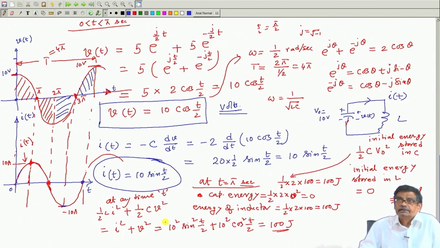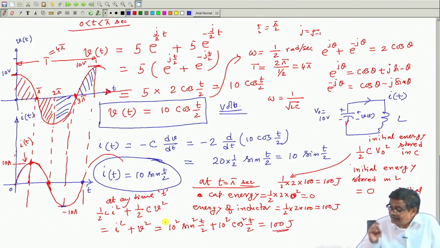You write it in the form of KVL, KCL, and then try to solve the differential equation, and at this stage solve it classically, the way I told you. At a later stage we will also tell you the use of the Laplace transform, which is also a very elegant method, but this approach of solving the differential equations classically gives you more insight into the problem.